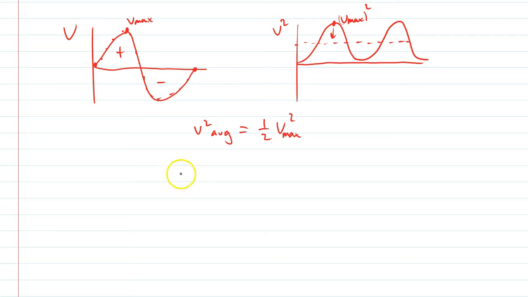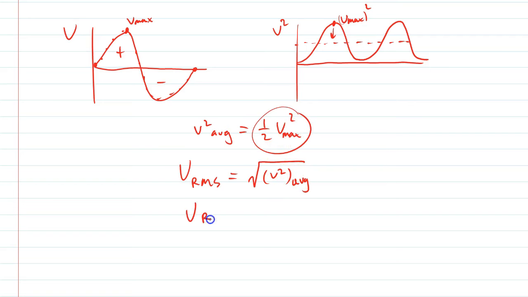So the root mean squared is, if you take the square root of the average of V squared, and in this case we know that the V squared average is the same as this, so the root mean squared is the square root of 1/2 of the V max squared. And if you square root these things individually, there you have it.